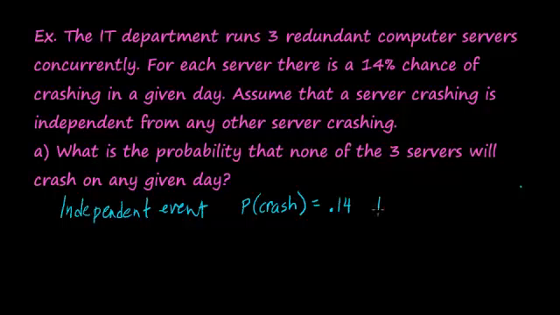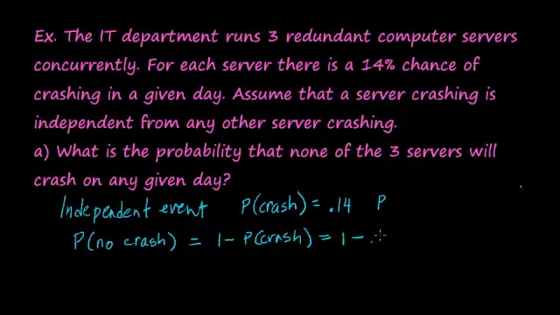So therefore the probability of no crash would be equal to 1 minus the probability of a crash, which is equal to 1 minus 0.14, or 0.86. So that's true for each one of our servers.